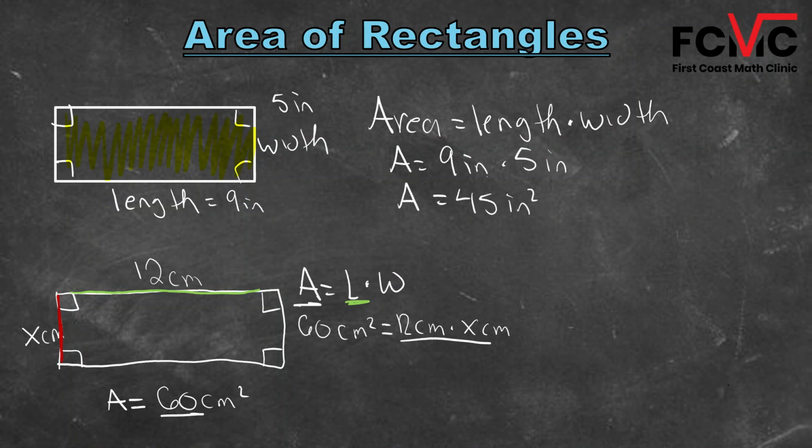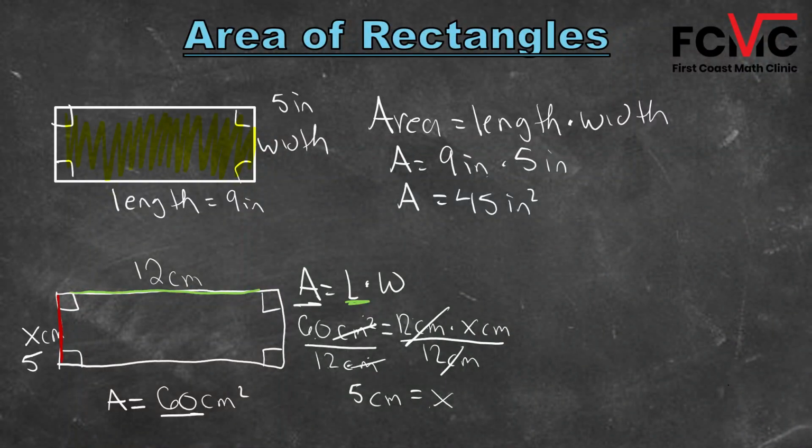We want to get the X centimeters by itself. So let's divide by 12 centimeters and 12 centimeters. 12 centimeters and 12 centimeters cancels out on the right, and we get X equals our centimeters, and centimeters cancels out, so we're left with just a single unit of centimeters. 60 divided by 12 is going to give us 5 centimeters, so X equals 5 centimeters. So our width here is going to be 5 to get an area of 60.